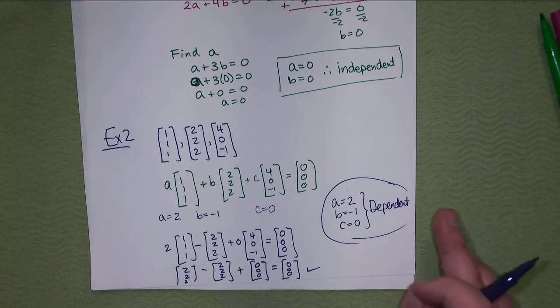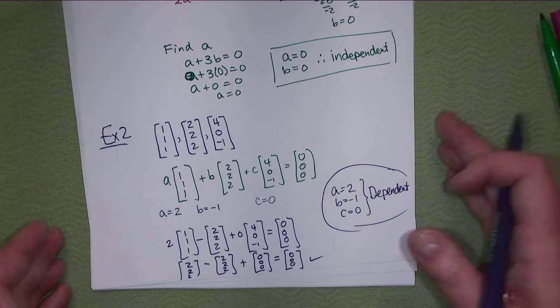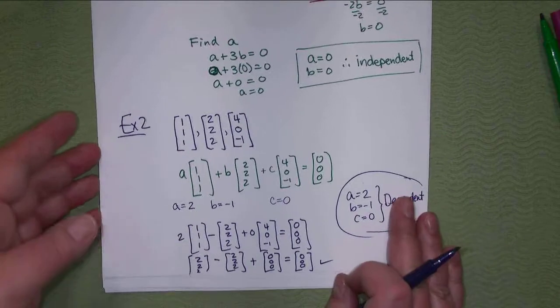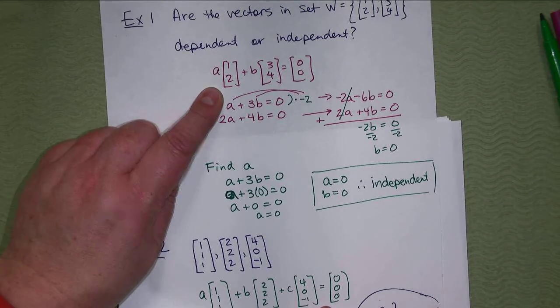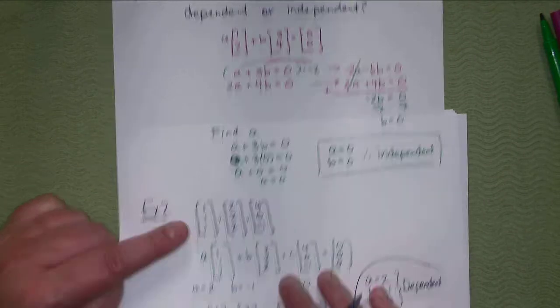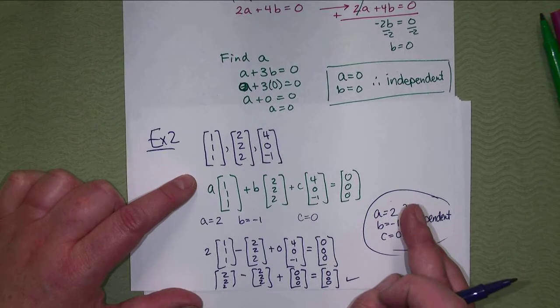Okay? So this is a small piece of a later topic. You can do it by setting up the system and solving it, and getting an answer. Or if you notice that there are parallel vectors, you can just comment that it's dependent because of that.